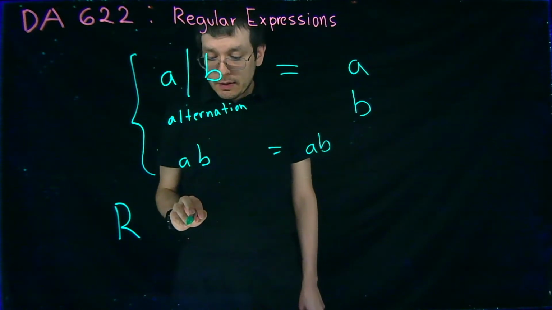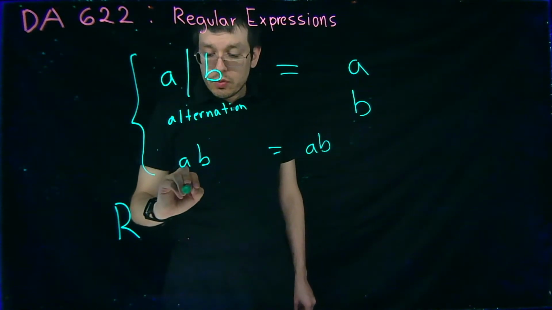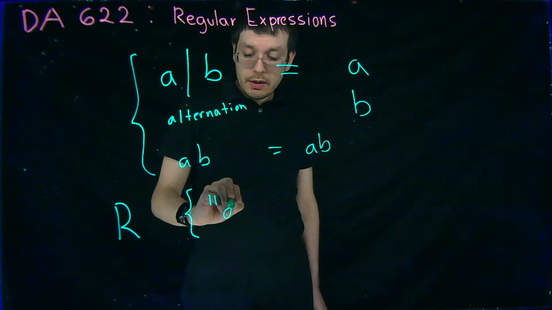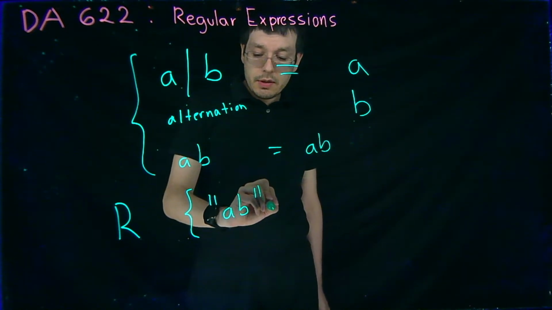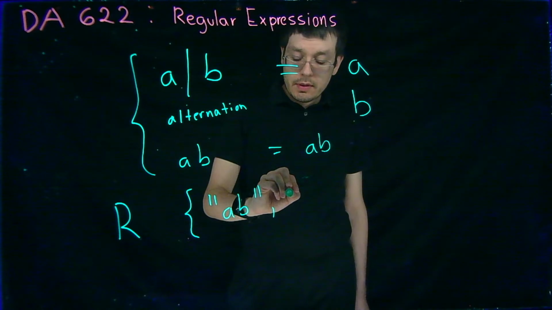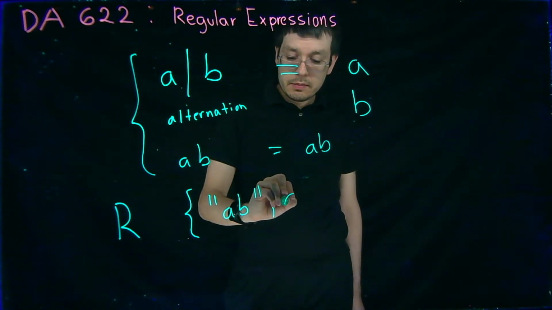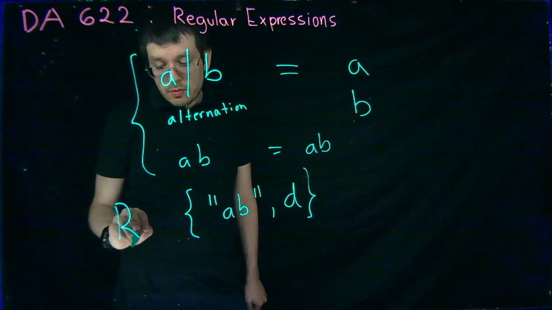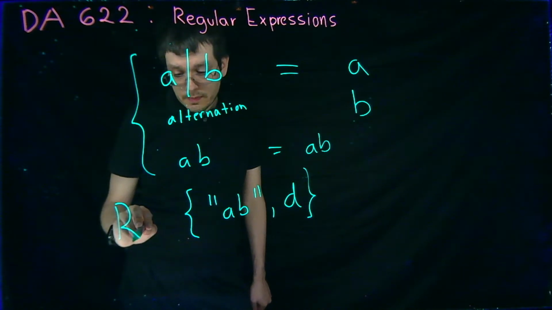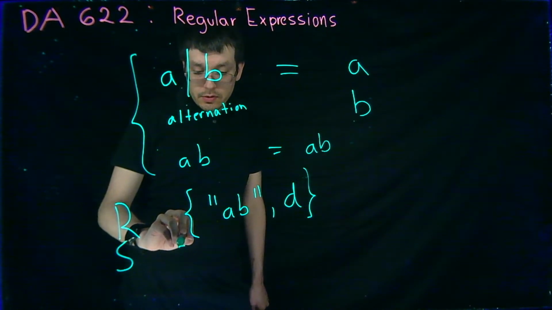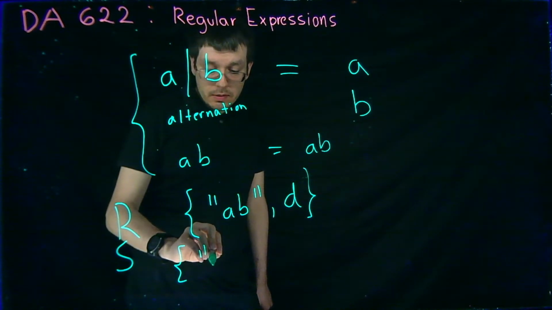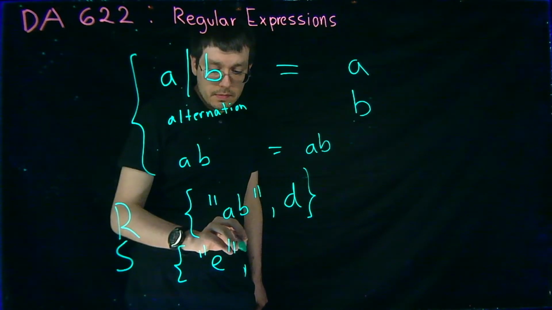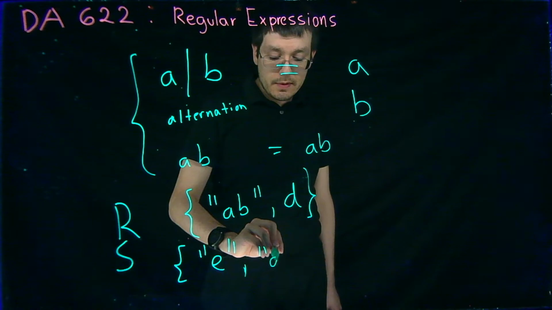I'm going to define set R to contain a couple of letters: AB, and then D. And then I'm going to denote another set, S, that is going to contain, just for now, an E, and a G.